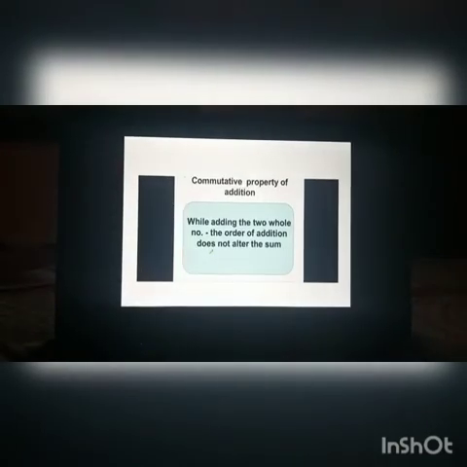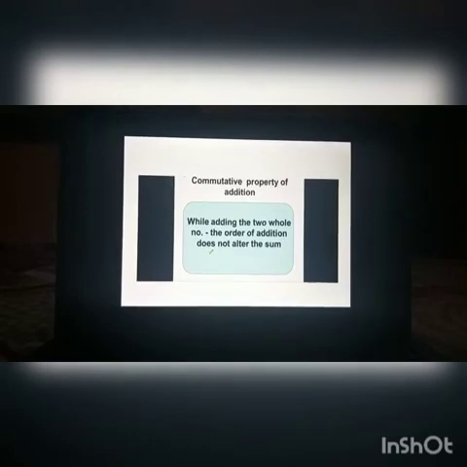So here you have the second property, commutative property of addition. While adding the two whole numbers, the order of addition does not alter the sum. When you add any two whole numbers, you can change their order, and after changing their order, the sum will not change.